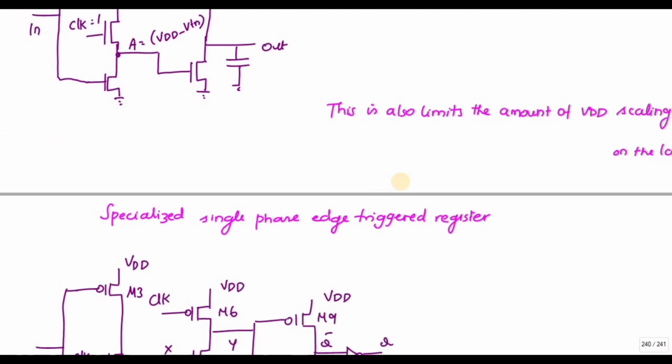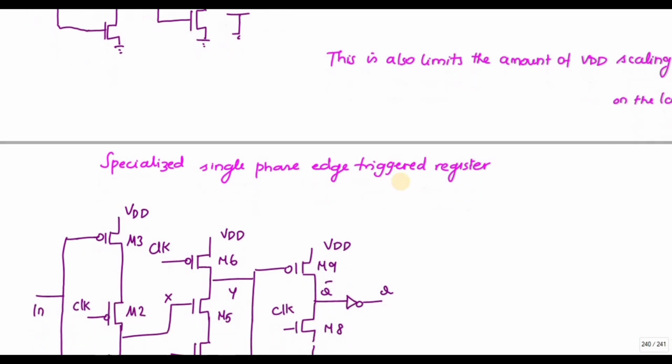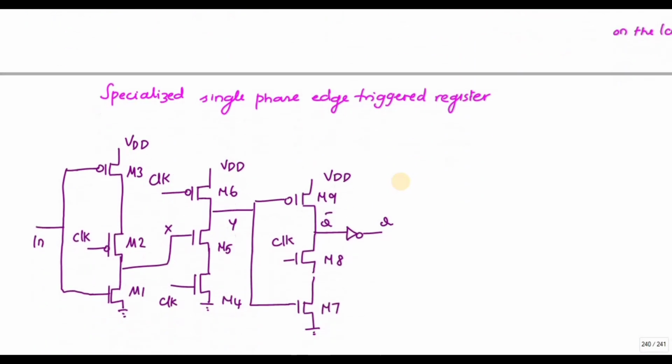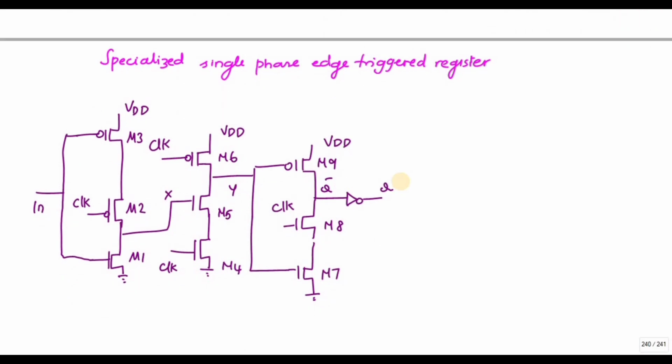Next we are going to show the design of the specialized single phase edge trigger register. Whenever the clock is 0, transistors M2 and M6 will conduct.